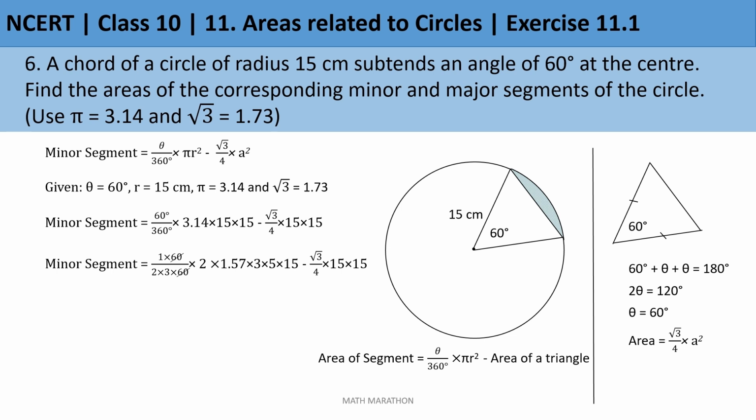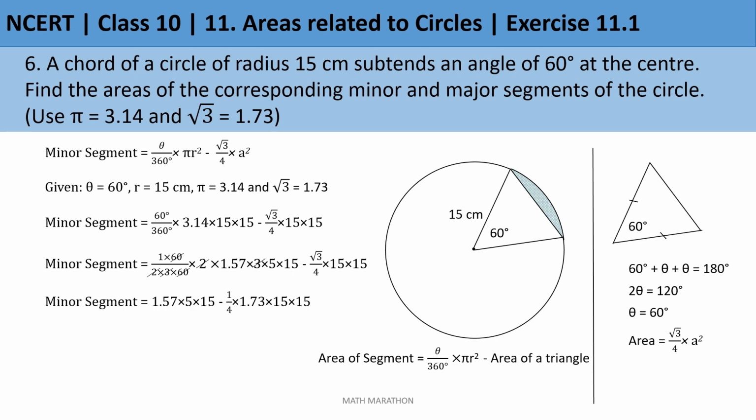In numerator and denominator, we have 60. We can cancel out 60. In numerator and denominator, we have 3. We can cancel out 3. In numerator and denominator, we have 2. We can cancel out 2.